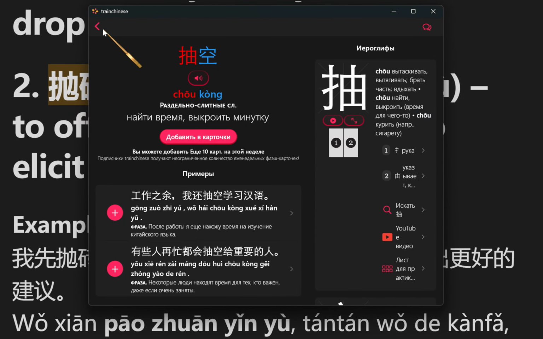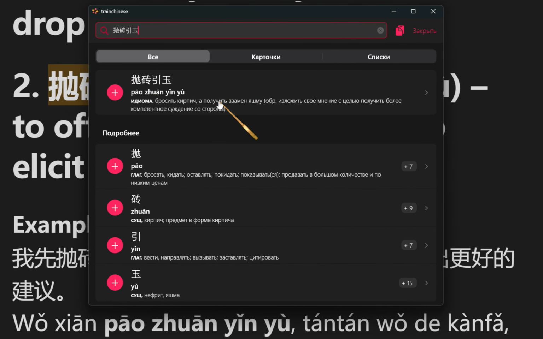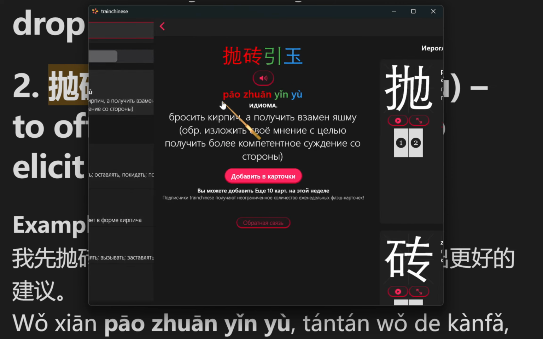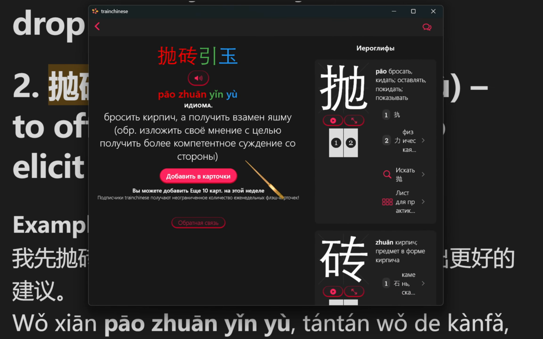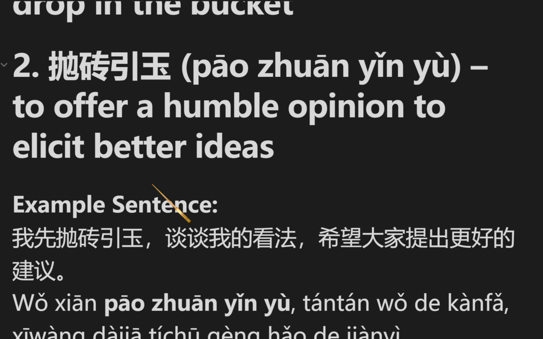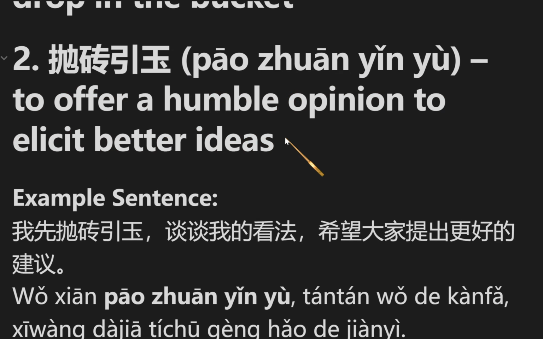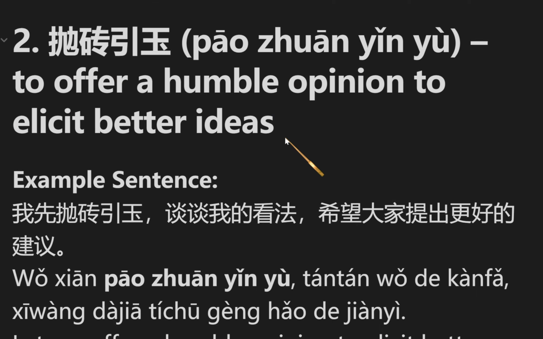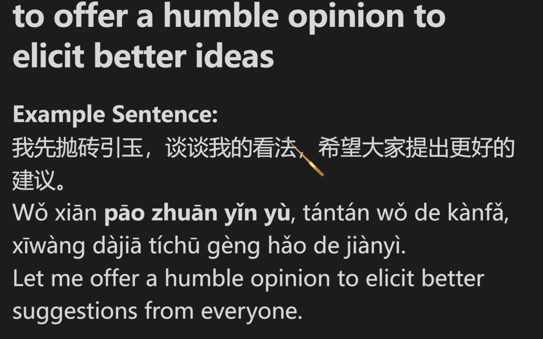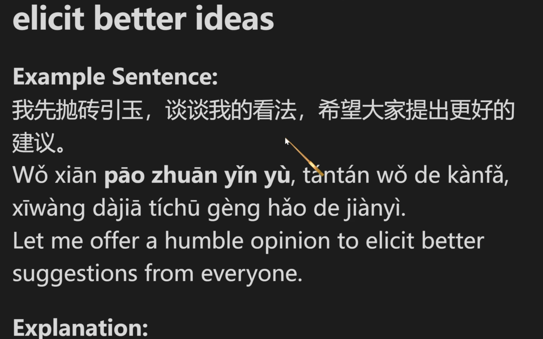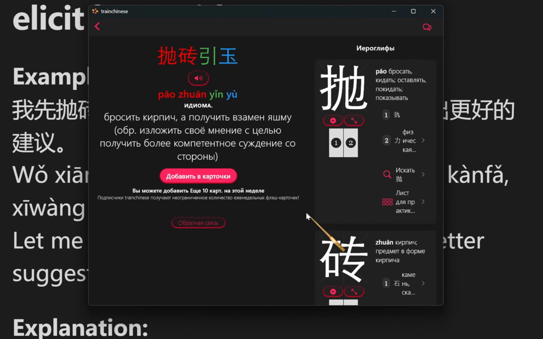Let me check. 抛砖引玉. So here is the translation. So you say something, and in the future this person will explain it better. Let me check.